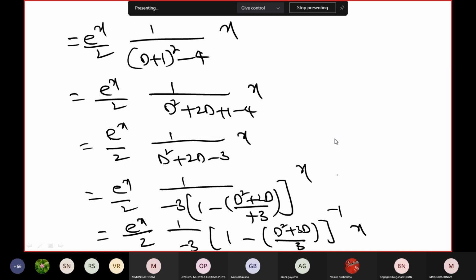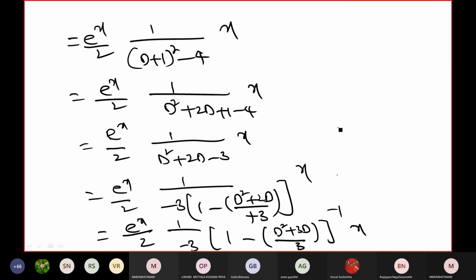Did we correct it? So this will be e power x by minus 6.